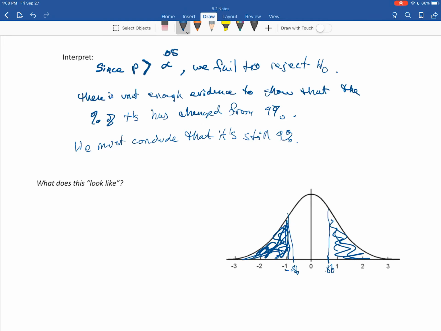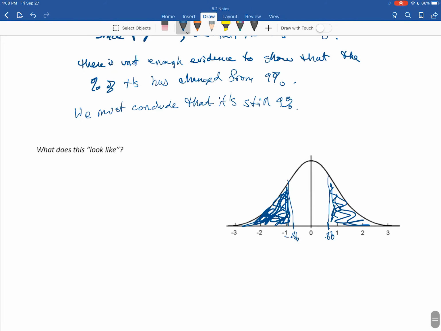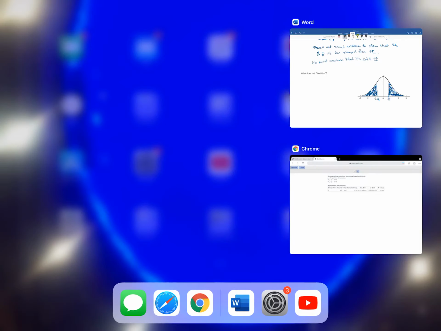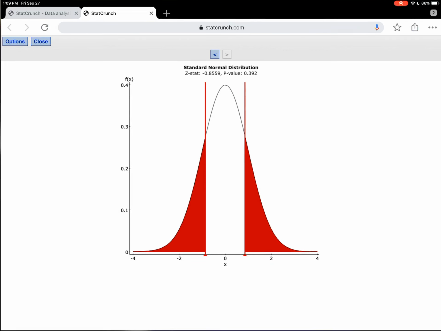So you can see here that what that means is about 39% of the area under the curve is shaded. That's how that kind of ties together, and we can see that same image can be shown to us in StatCrunch.